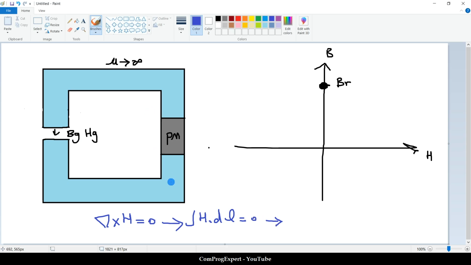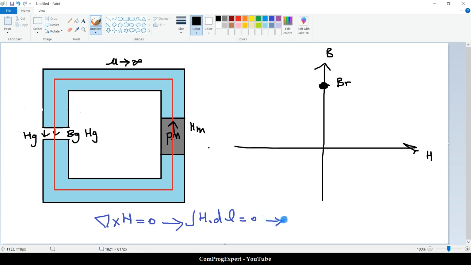And finally, if we consider this integration path, this one in the middle of the core, we can write this. This is the HM. I am going to consider this reference direction, HM, and this is H gap. So HM times LM plus H gap times the gap length will be equal to 0.